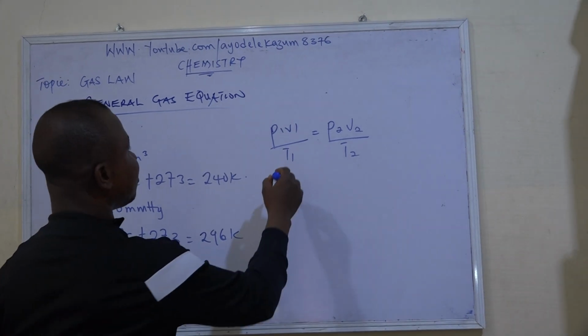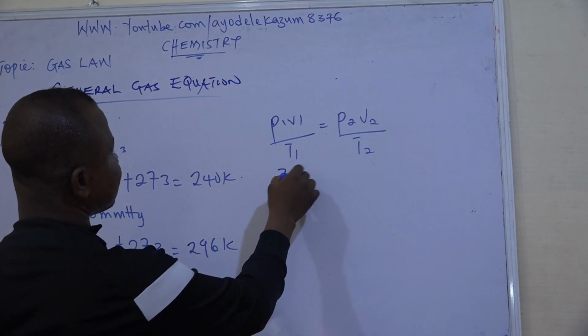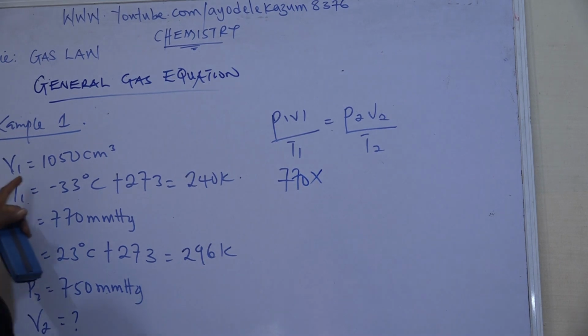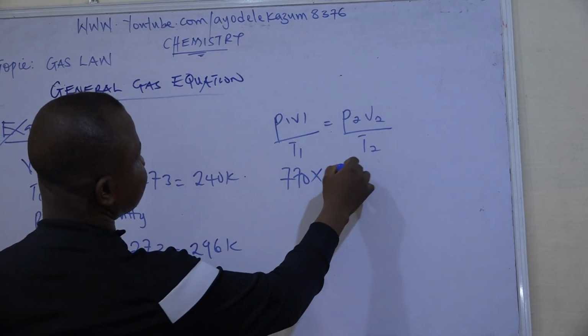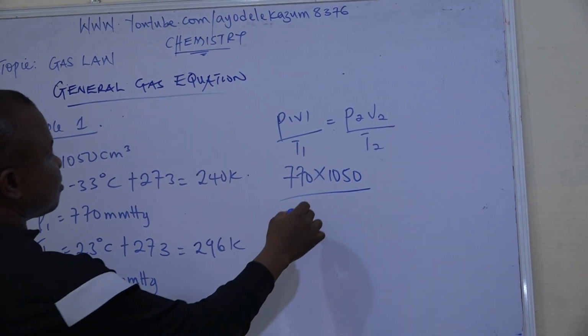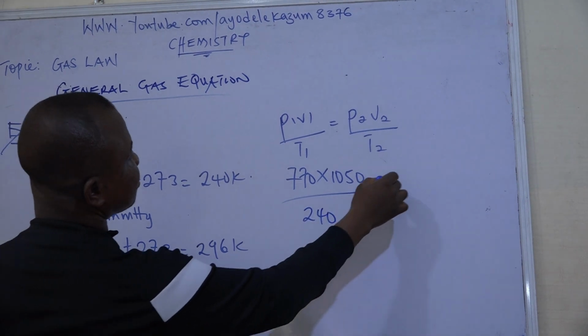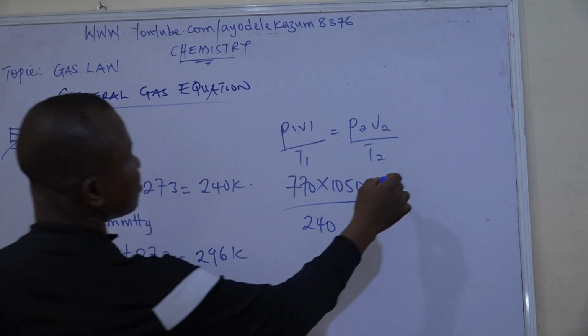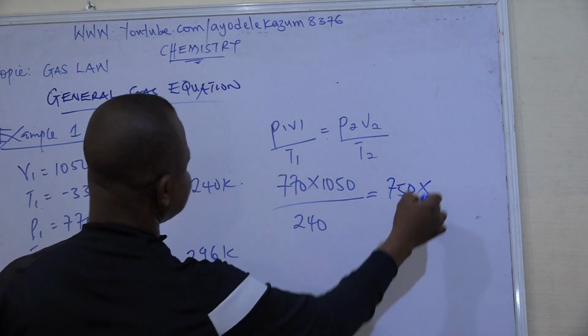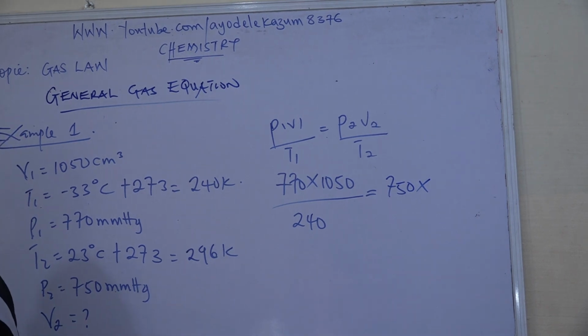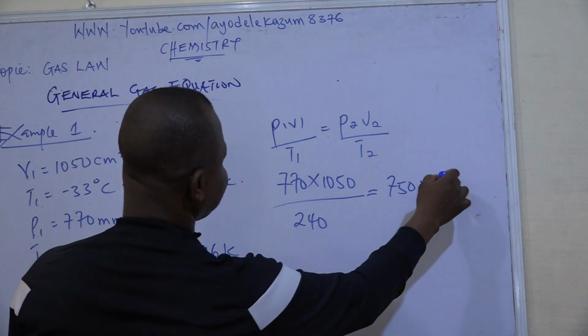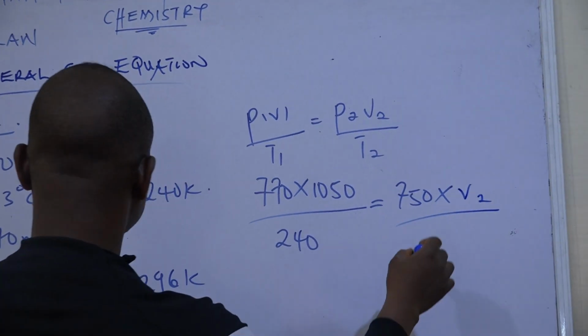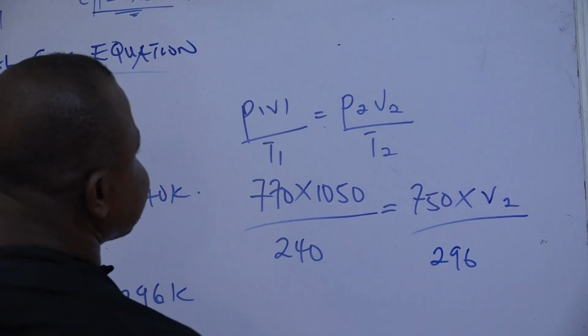So we have P1 as 770 multiplied by 1050 divided by 240 equals P2, 750, multiplied by the volume I'm looking for, divided by 296 K.